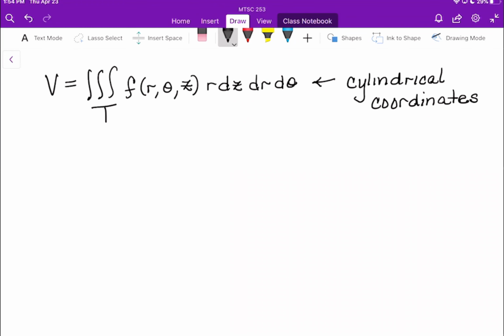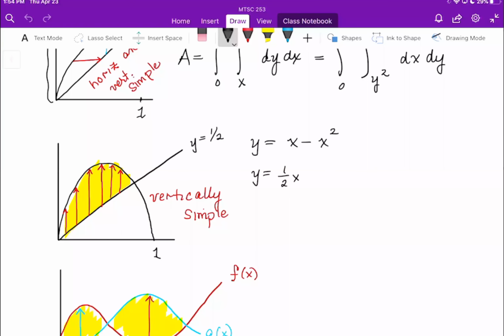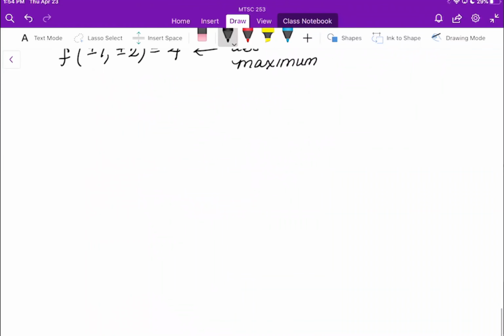Using polar integration, find the area of the region R in the XY plane enclosed by the circle x squared plus y squared plus 4, above the line y equals 1 and below y equals square root 3 x. Say that again, please.